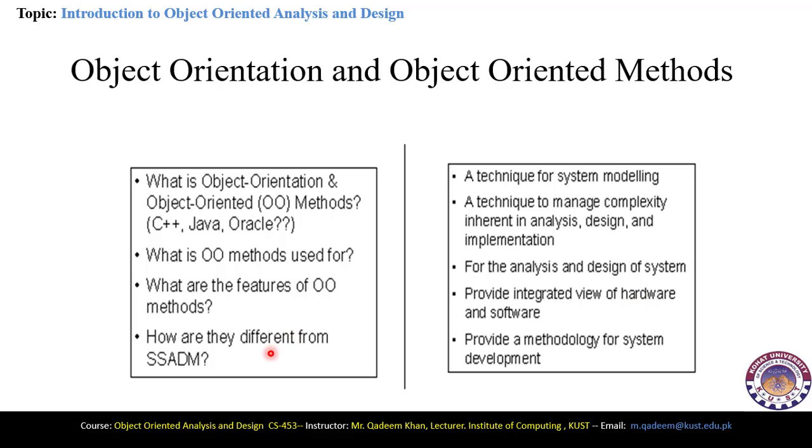How are they different from the structured system analysis and design? Object-oriented analysis and design is different from structured system analysis and design because it provides methodologies of system development, while the structured methods do not provide the methodologies of development. Structured methods provide us only an overview of the system structure, for example, how different hardware is arranged with each other to perform the operations.